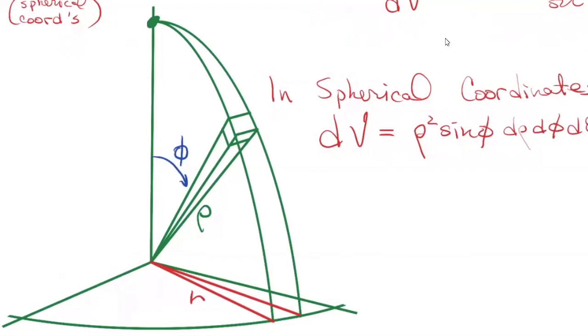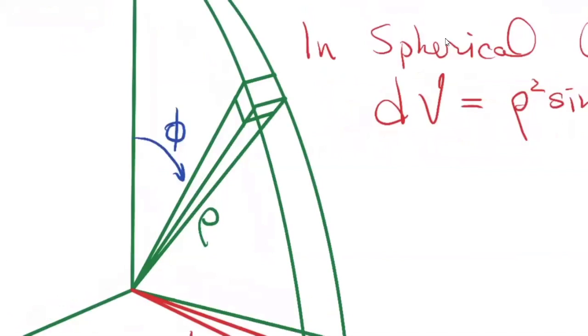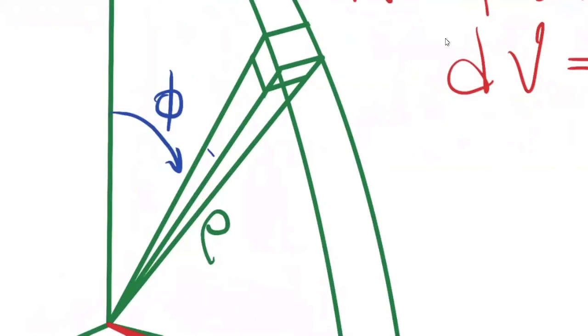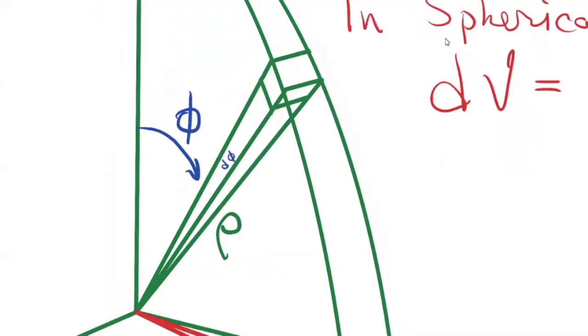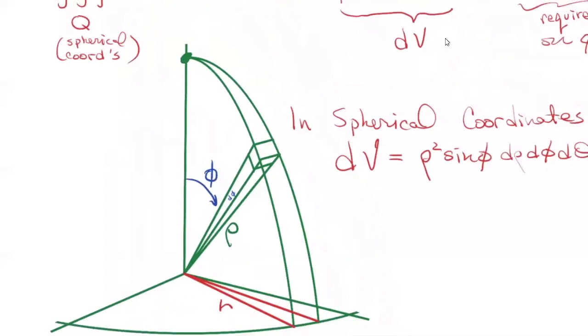So I need to put in a d theta angle or a d phi angle here. So right here, I want to label d phi. And remember the old formula for arc length on a circle: it's always S equals radius times the angle.